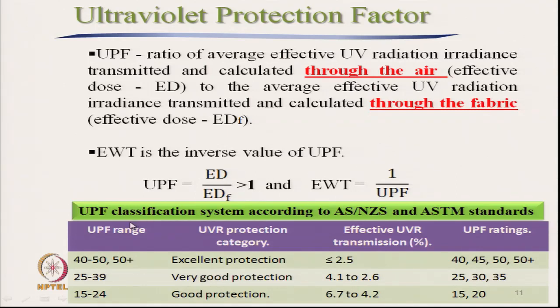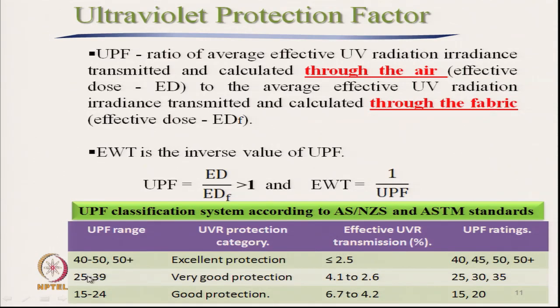Now, if we see the typical range of UPF, if it is between 40 to 50 or more, the protection level is excellent, okay, and the effective transmission through the fabric will be less than 2.5%.